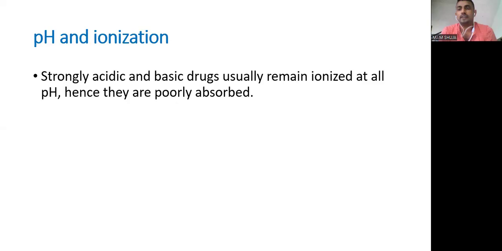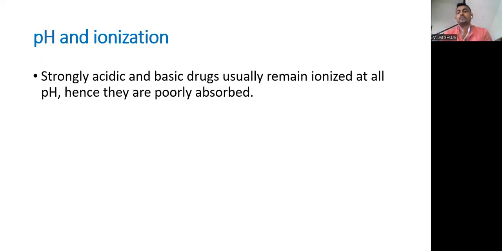The pH and ionization, people think it is a very difficult concept. No, it is very easy. Listen carefully. Strong acid and basic drugs always remain ionized at all pH. When they are ionized, that means water soluble, so they are unable to go through the cell membrane, which is lipid.